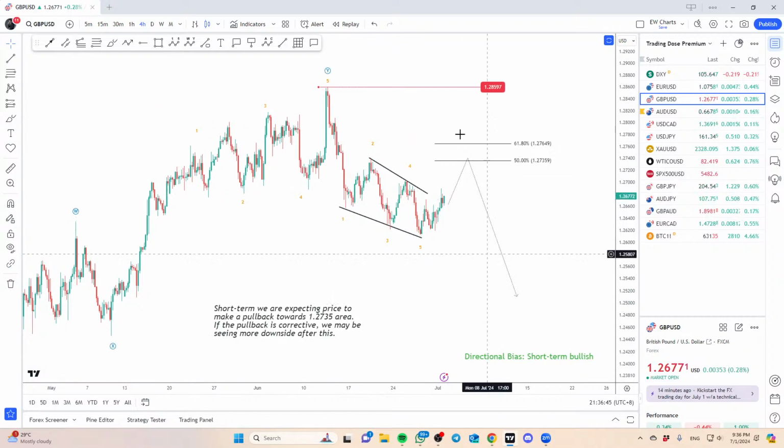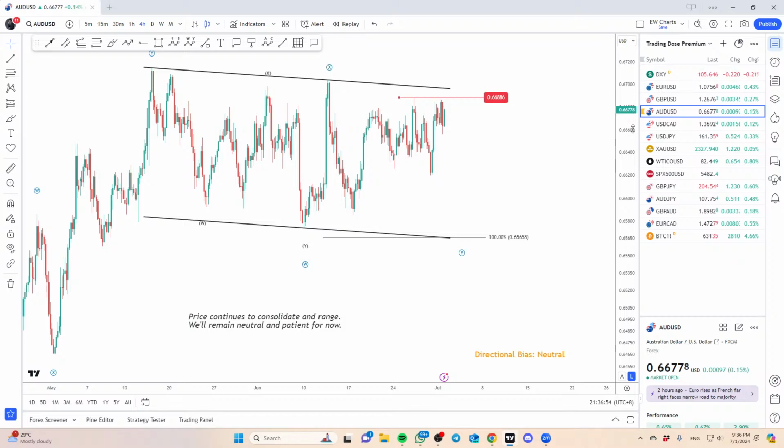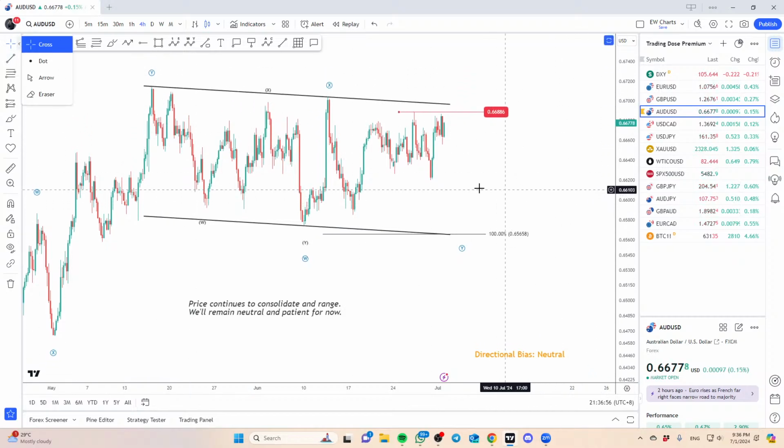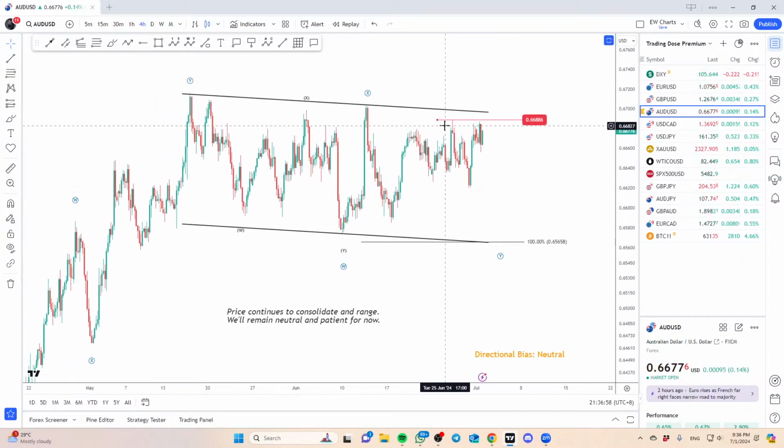But from a higher time frame H4 perspective, we are expecting that push to go higher to complete the corrective structure itself. Aussie dollar is still very much unclear to me at the moment.